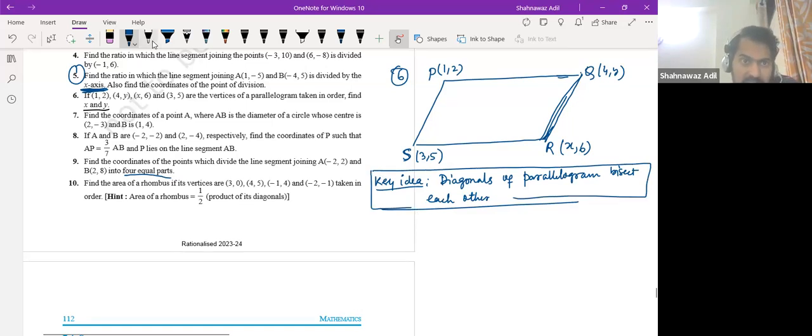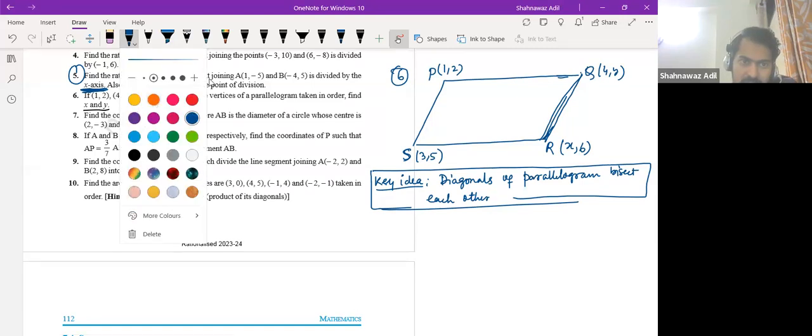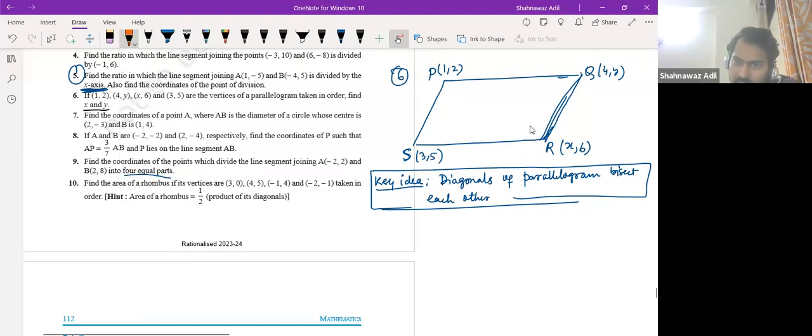So we draw the diagonals. Let's say the point of intersection of the diagonals is (a, b), and let's call this point O. So we know that this diagonal is bisected and this one is also bisected.